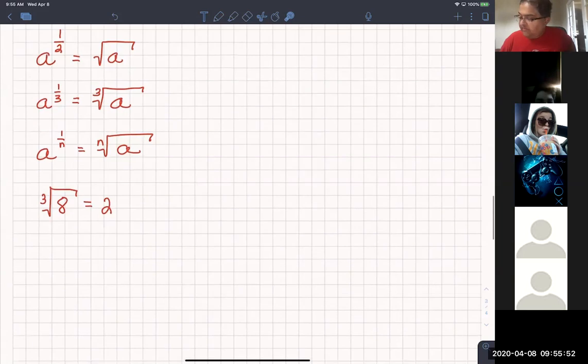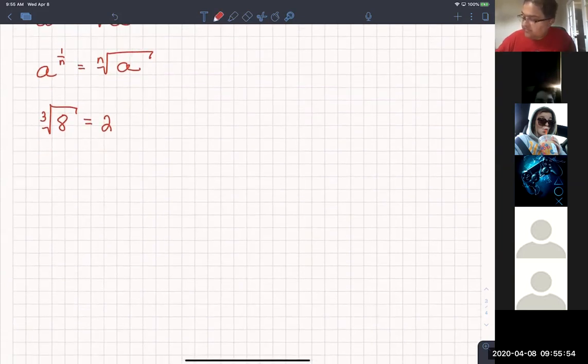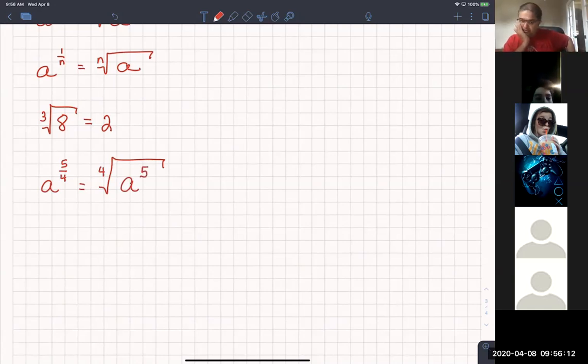Now, let's say, for example, I have something like this. This is the same thing as the 4th root of a to the 5. Okay. So the denominator is your index.